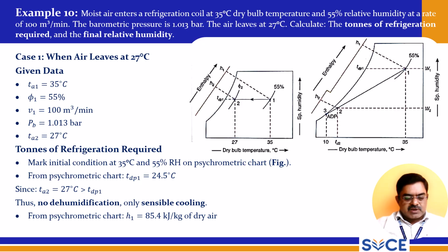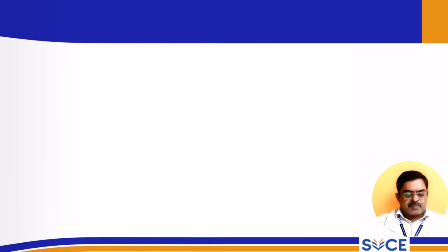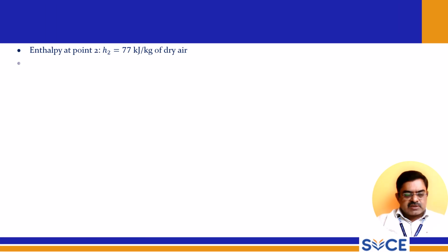From the psychrometric chart, H1 equal to 85.4 kilojoules per kg of dry air, and specific volume Vs1 equal to 0.9 meter cube per kg of dry air. Enthalpy at point 2, H2 equal to 77 kilojoules per kg of dry air.